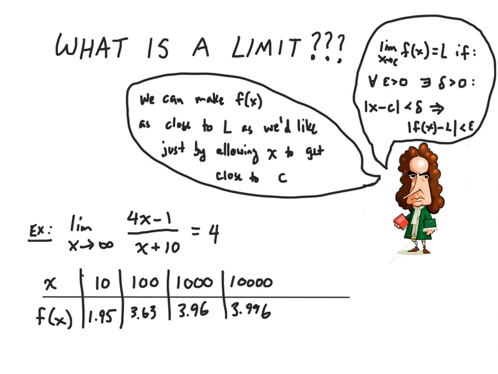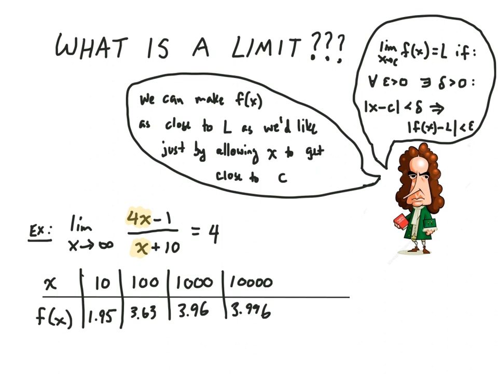And if we think about our definition, we can make the function as close to 4 as we want just by allowing x to get closer to the value of c, which is in this case infinity. As x gets larger, we can make this function closer and closer to 4. And if you're wondering why that is, it comes down to the fact that the ratio of the largest degree term in the numerator to the largest degree term in the denominator, 4x divided by x, is 4.